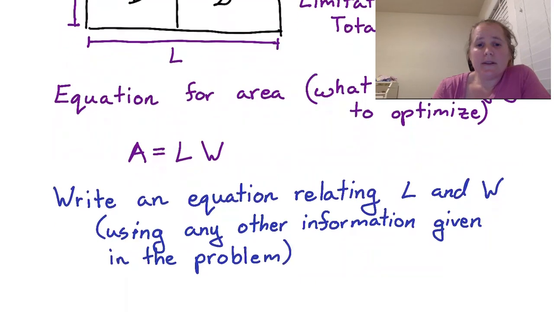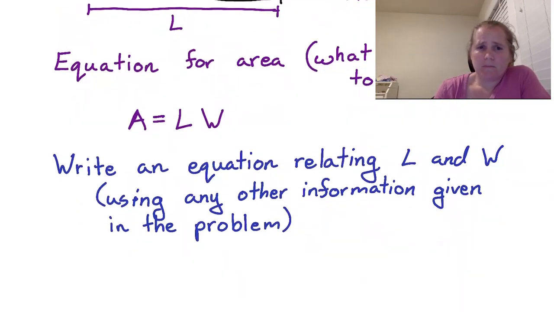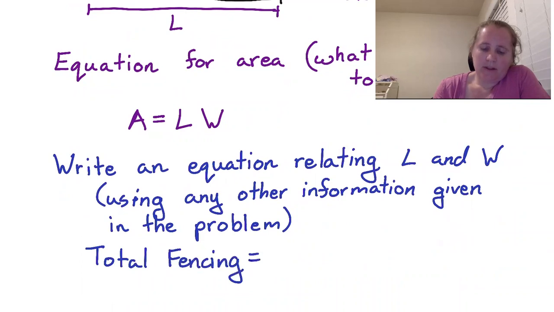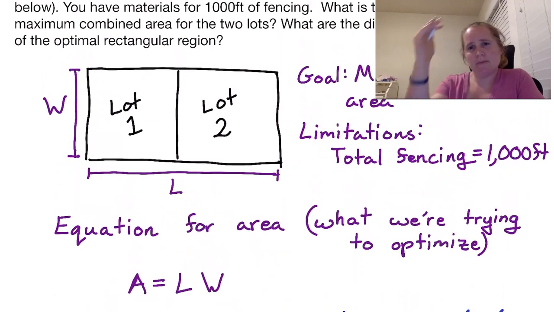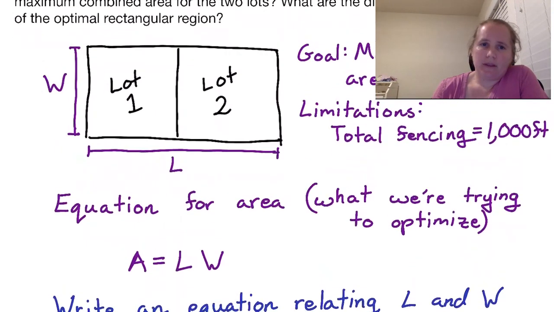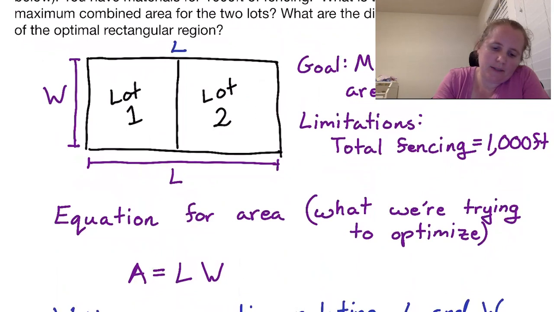So we know here that the total fencing should be equal to, we have the entire length from the bottom, entire length from the top, and then 3 of those widths, since there's a line through the middle. If I went through and labeled these, we have another L up top, and then we have 2 more W's.